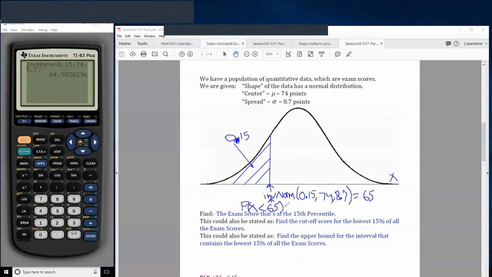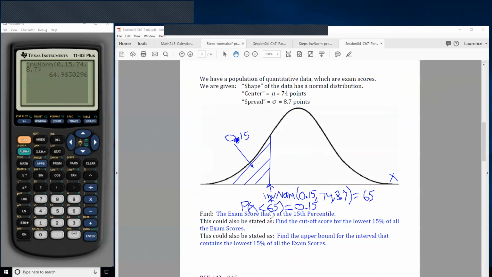And what is this equal to? The 0.15. That's right, the 0.15 was the area under the curve. 65 was a point on the number line. Now look what just happened here. They gave me the area, and I used inverse norm to find this interval.